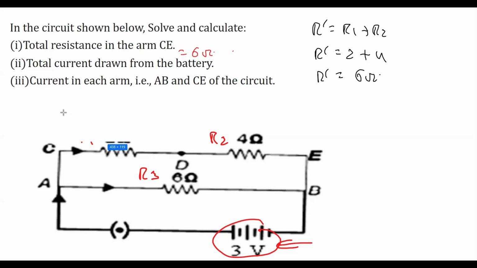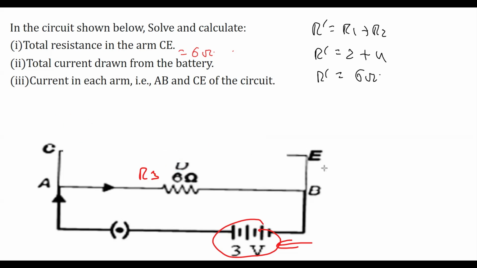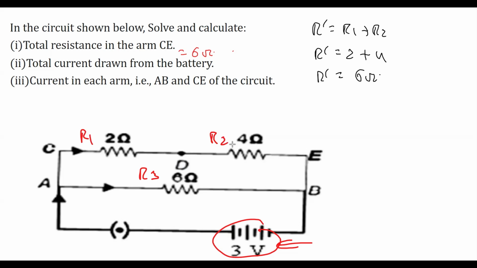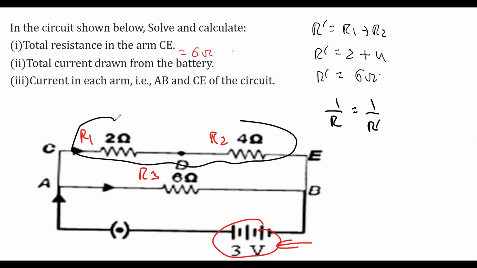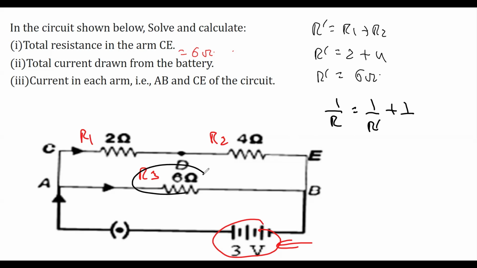And likewise, if I wipe out the CE, current continues to flow. So we'll say that the total resistance, say I use the term R here, the total resistance R will be equal to 1 over R dash, which is the equivalent resistance across CE, plus 1 over R3.